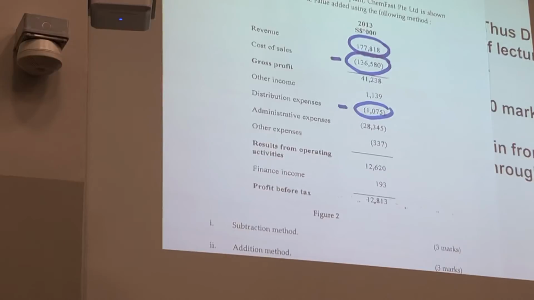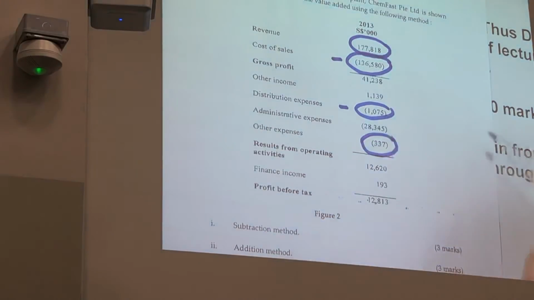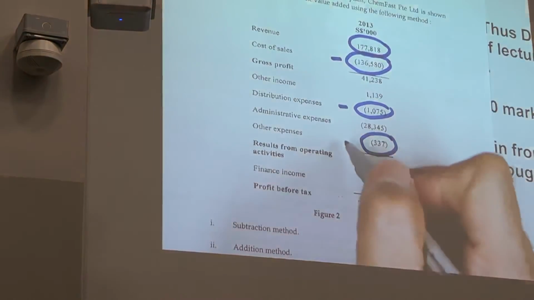And we always say staff cost is the bigger one, am I right? 60%. So which one of these do you think is the staff cost? Admin expenses. So other expenses would be your utilities, rentals, security guard, toilet cleaner, stuff like that. Minus away.